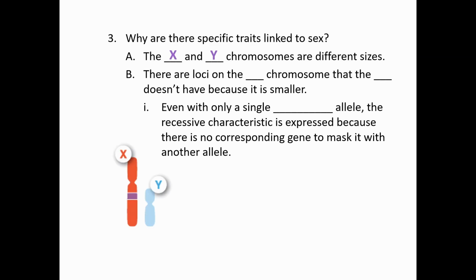So we're looking at the X and Y chromosomes, and we see they're totally different shapes and sizes. The allele we see here on the X is nowhere to be found on this Y. So if you're male, a single recessive allele on the X is all it takes to see that characteristic. There's no second X to mask the first.